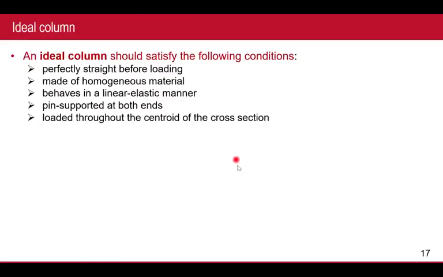And of course, the load goes through the centroid of the column. That means the load should pass through the neutral axis. But this is very, very strict. If you still remember, we have learned before the inclined position. That's because not all the load will pass through the centroid.